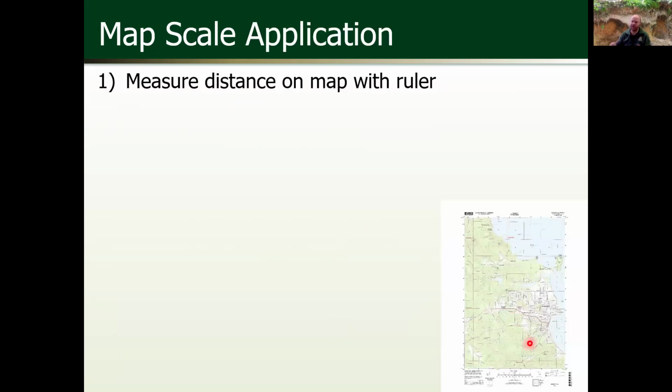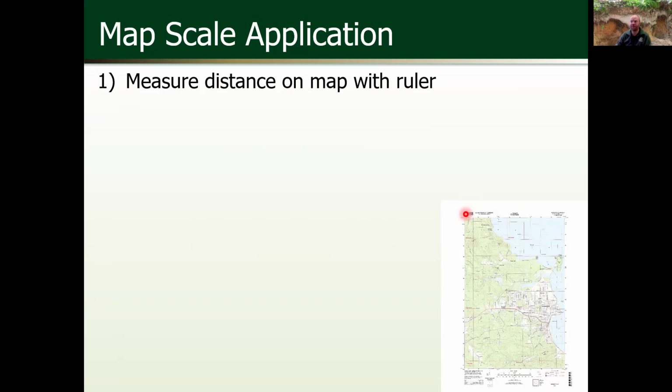Okay, so let's go through at least one application of how to do this. For example, here is what's called the Marquette Quadrangle. It's a topographic map published by the U.S. Geological Survey, and it depicts the 7.5 by 7.5 minute degree, minute, second latitude and longitude space.